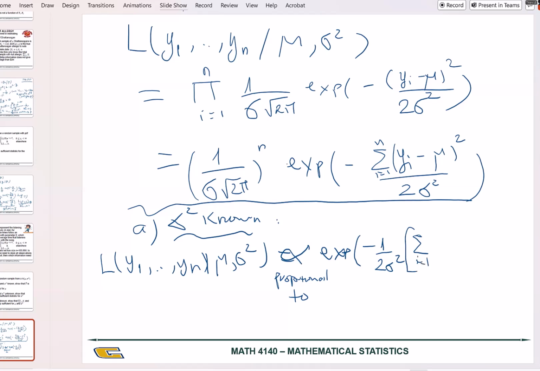I add and subtract y bar. So let me go step by step, a little slower: y bar subtract mu.